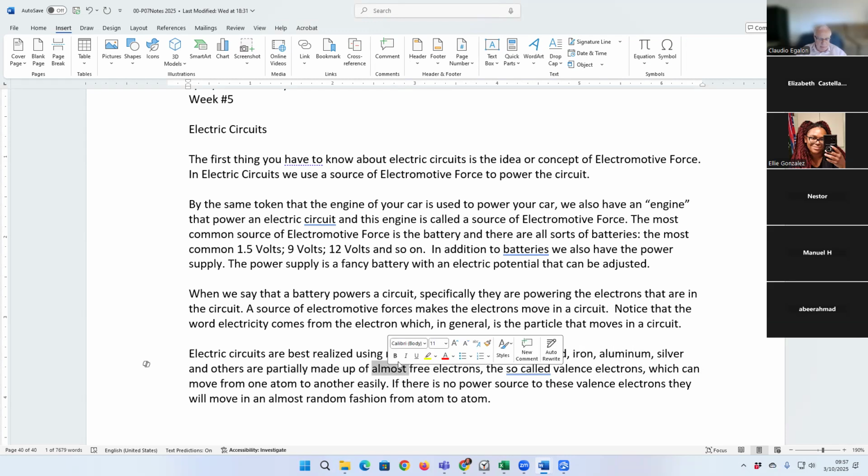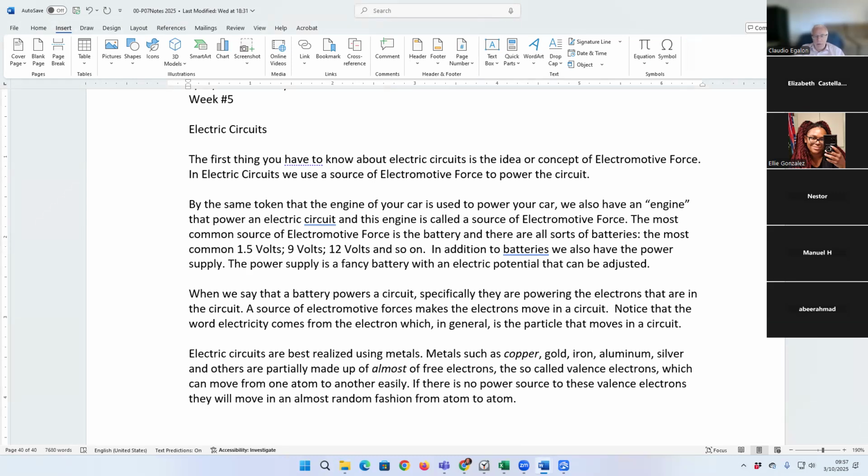Let me emphasize here. Now we're looking at the microscopic constituents of those metals. They're made of almost free electrons, the so-called valence electrons. Remember that? You must have learned that in chemistry.